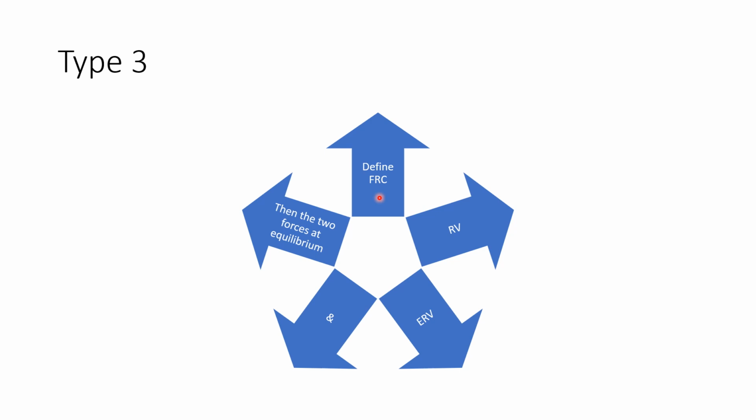Functional residual capacity is the combination of residual volume and expiratory reserve volume. I will define each. The functional residual capacity is about 3 liters, and the component that is residual volume is the amount of air remaining in the lungs after a normal respiration, passive expiration.